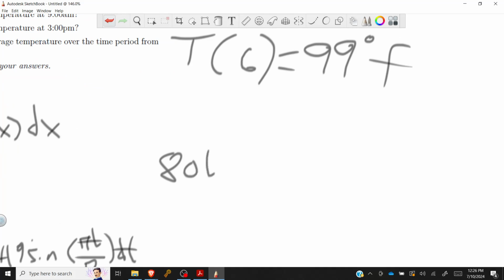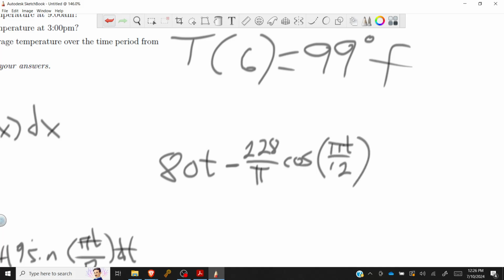It's 80t minus 228 over pi cosine. I'll just plug in what our u substitution was. This will be evaluated from 0 to 12.